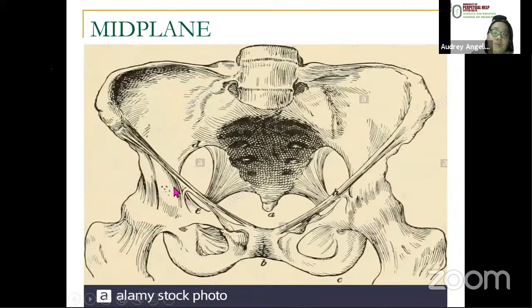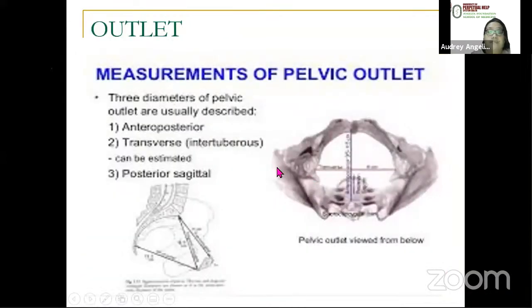So this is your sacral curvature. This is your side walls. This is your interspinous diameter. And this is your sacrosciatic notch. So your outlet, so you have your coccyx. So you have your bituberous diameter and your suprapubic arc.